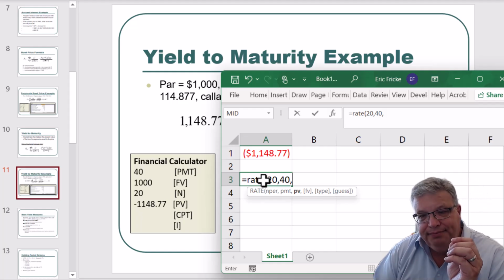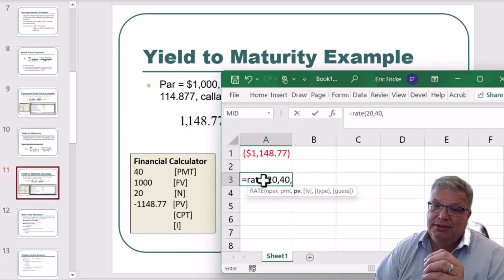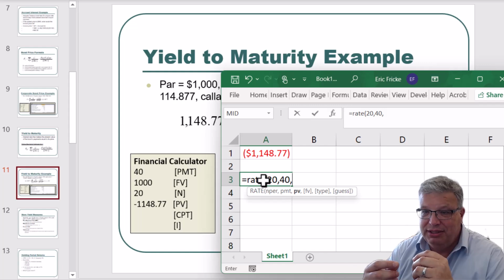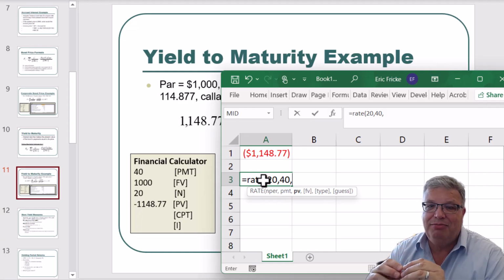Now here, because of the way Excel works with balancing cash flows and assuming you're getting money back and then you pay money out, and how it gave us that negative answer before, we have to be specific about the direction of the cash flow when we're calculating the rate, because we're mixing present value and future cash flows in the same problem, right?